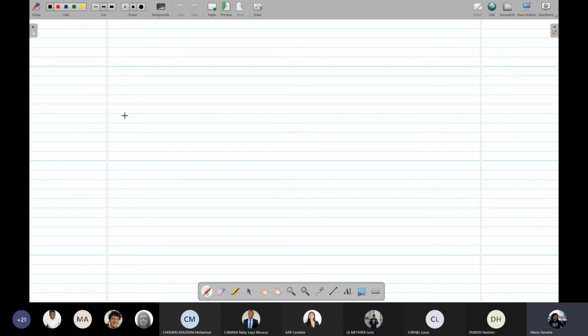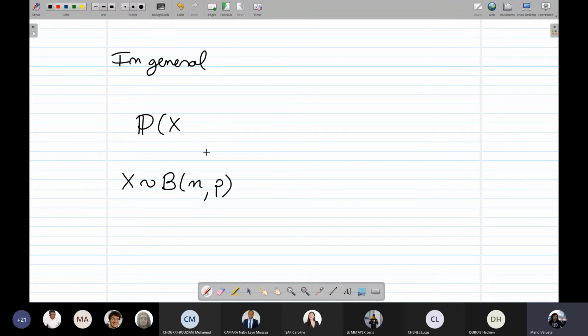In general, the probability that my random variable x, where x is a binomial distribution with parameters n and p, equals k, is actually the binomial coefficient k among n times the probability power k times 1 minus p to the power n minus k.